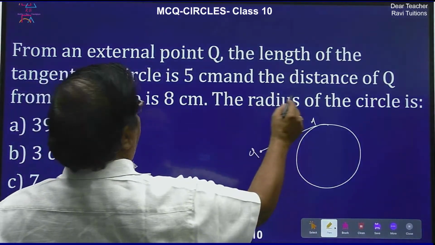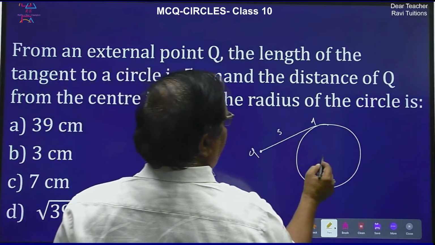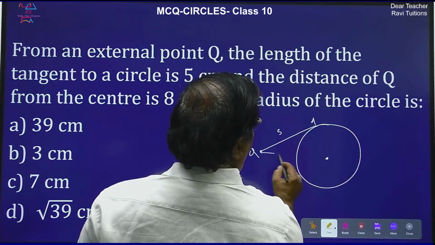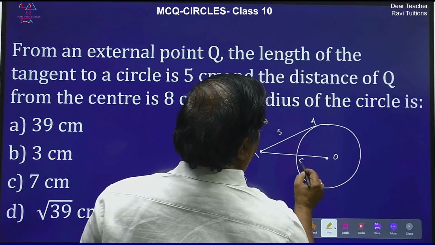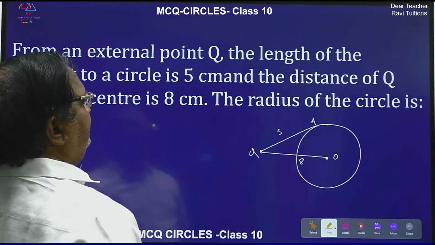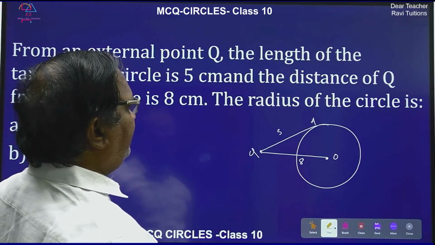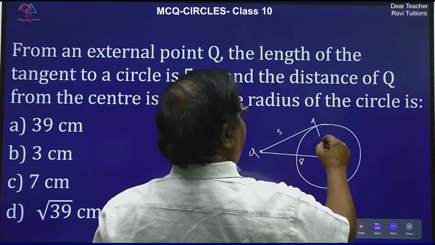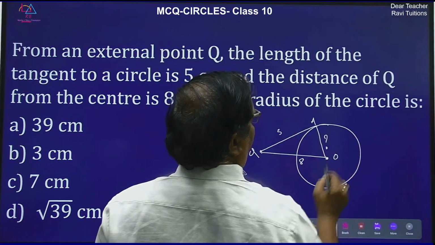The distance of Q from the center is 8. So this is the center O and this is 8. Find the radius.